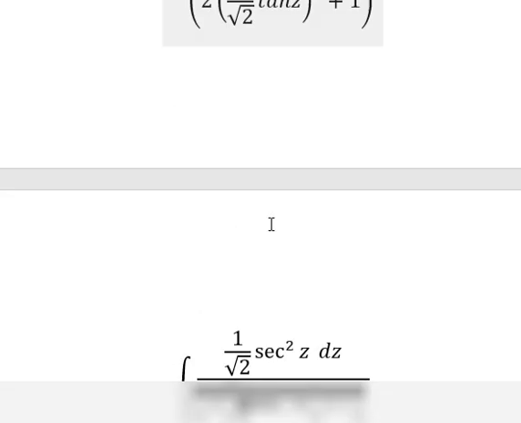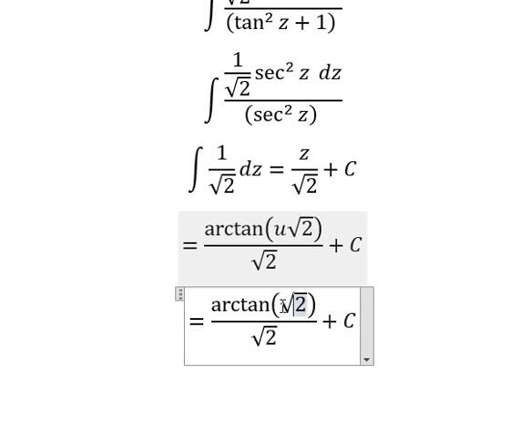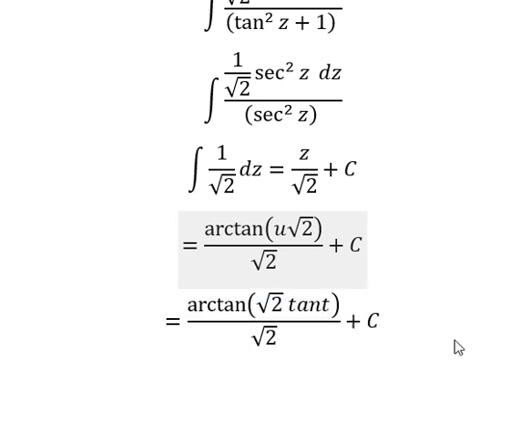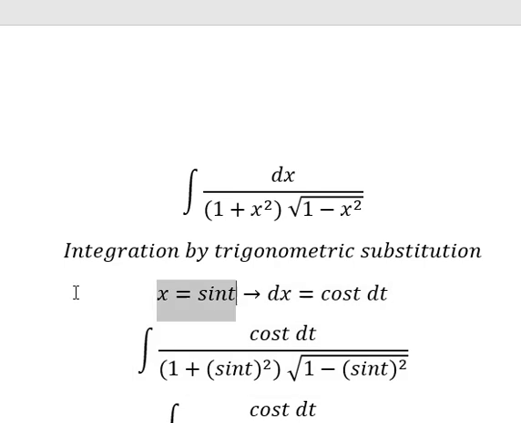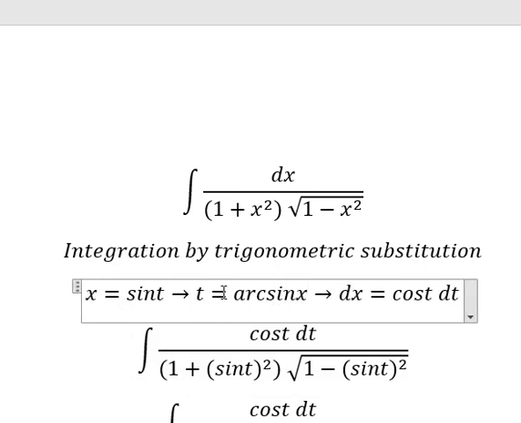About u, that is tan t. About t, that is this one. So I will put this one to change for t.